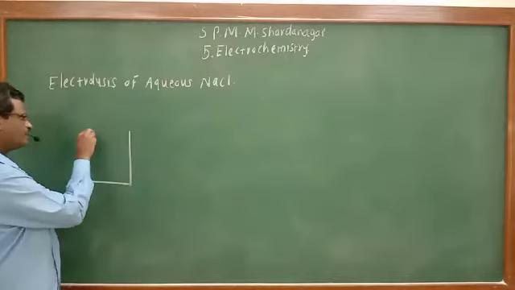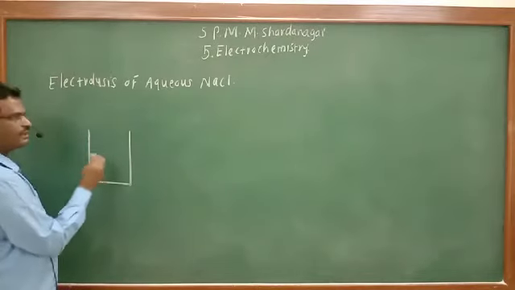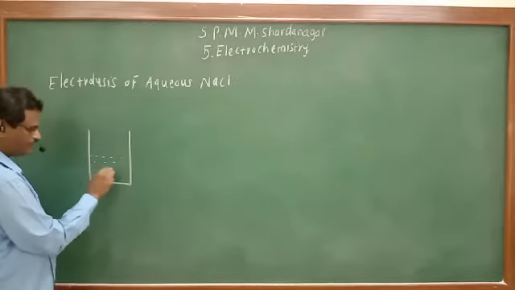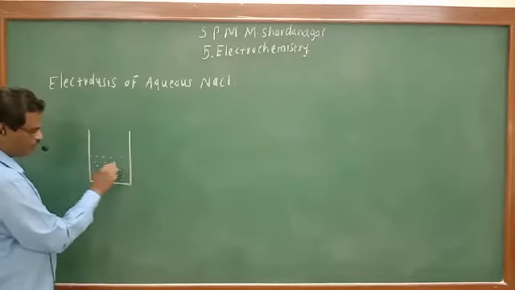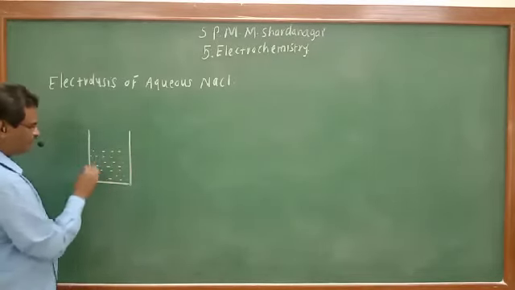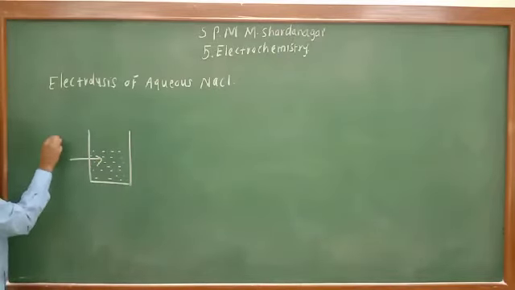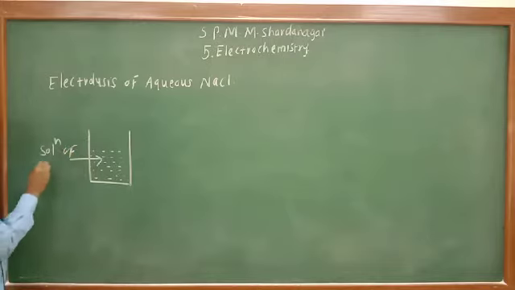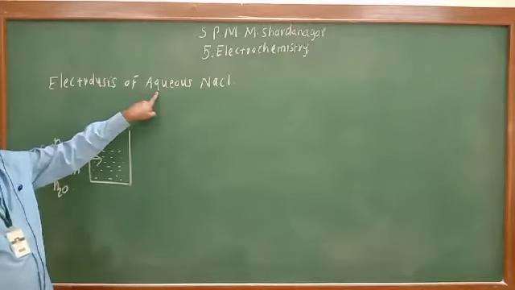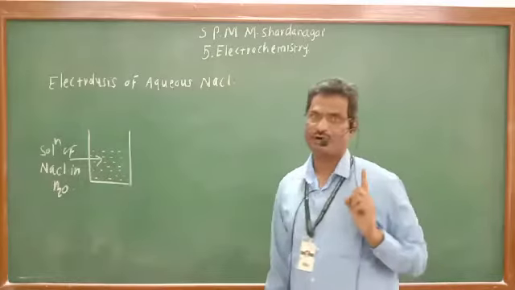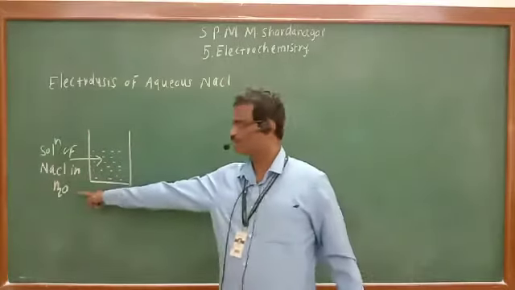In the electrolytic cell, there is a beaker in which an aqueous solution of NaCl is taken. Solution of, not NaOH, NaCl in water. Aqueous solution means the solvent used is water.